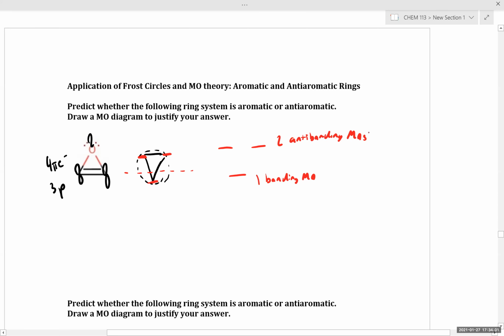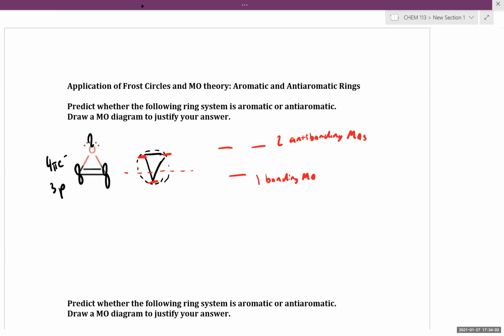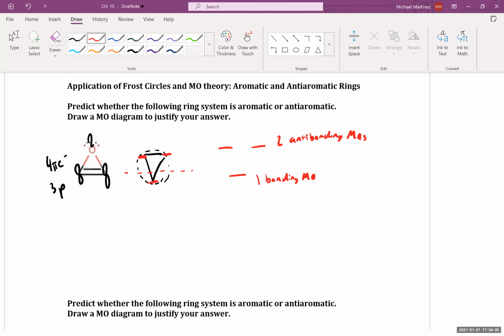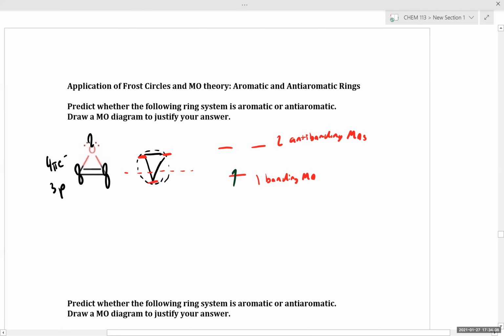Now, as a consequence of this, when we fill our orbital diagram with our pi electrons, we add 1, 2, 3, 4. We notice that we have a half shell arrangement. So if we have 4 pi electrons, we are filling our anti-bonding molecular orbitals, and we have this half shell arrangement. What does that tell us? Do we have an aromatic or an anti-aromatic system?